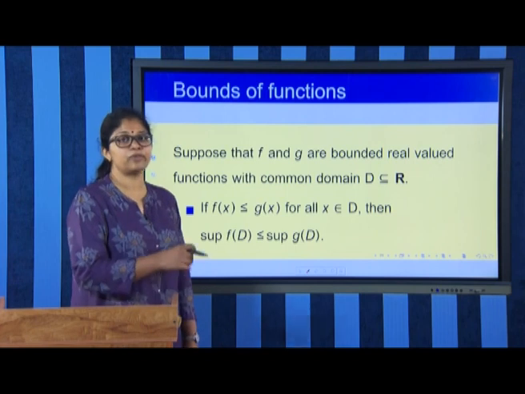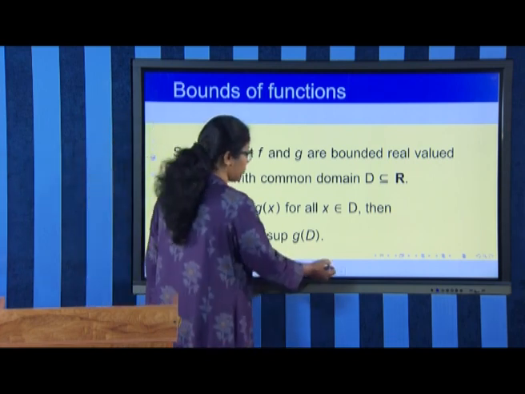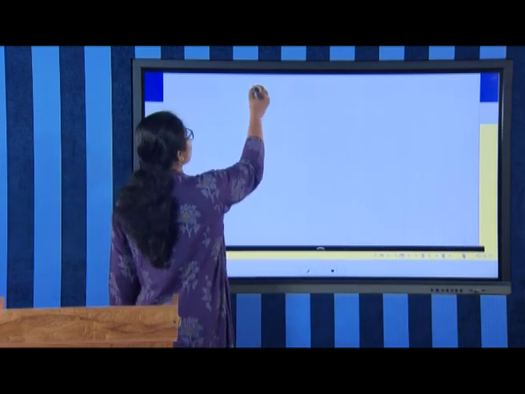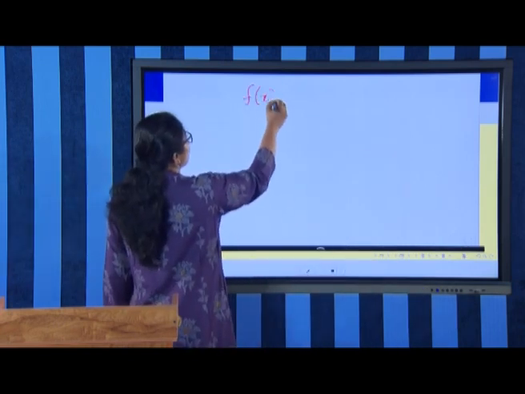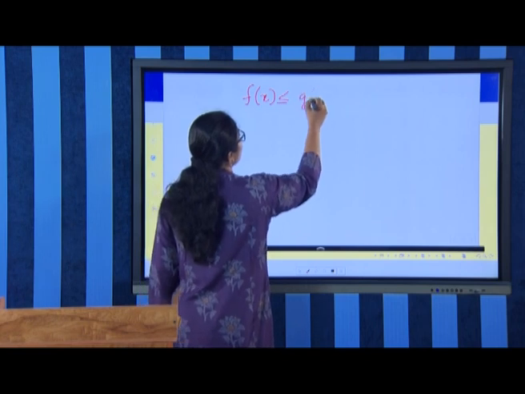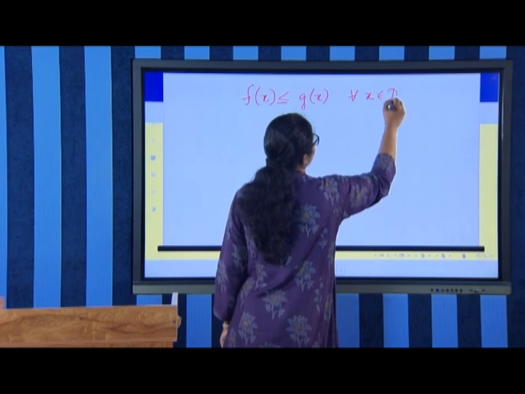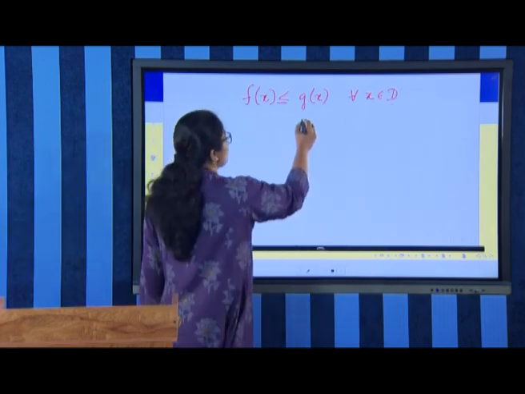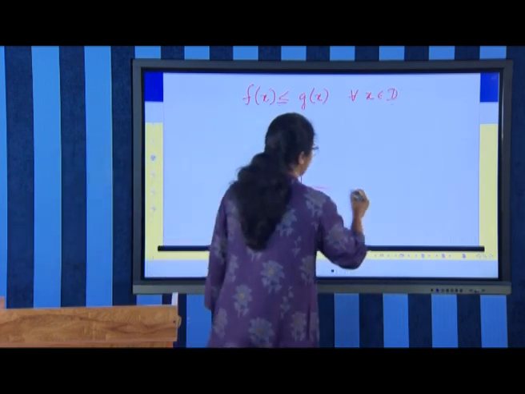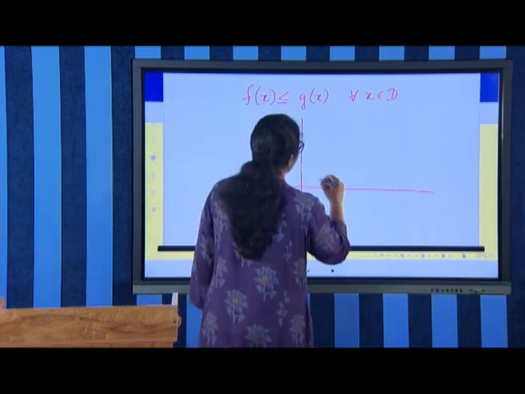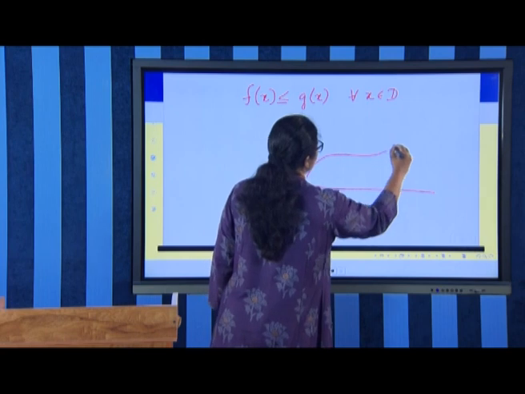So, again a bit of geometry will help us to understand more. We can draw a graph. We are given the condition that f of x is less than or equal to g of x for every x belonging to D. So, that means suppose you have a function like this. Supposing your f of x is something of this shape.